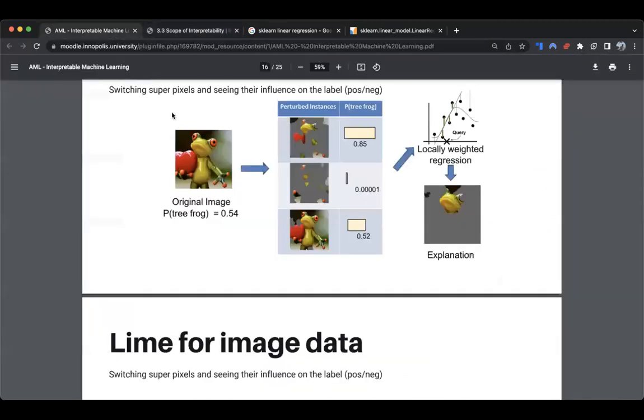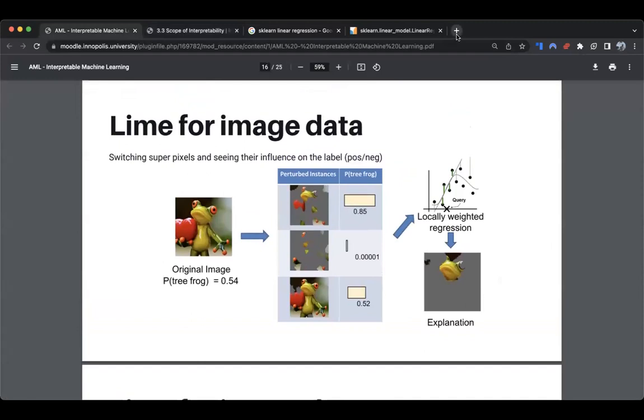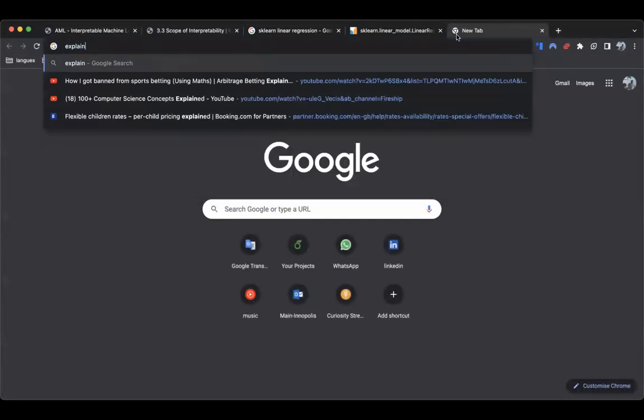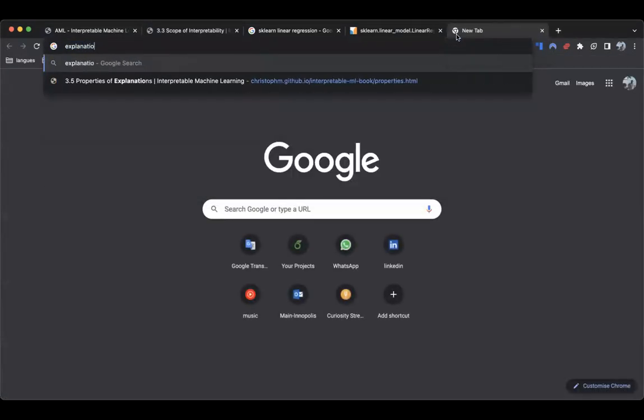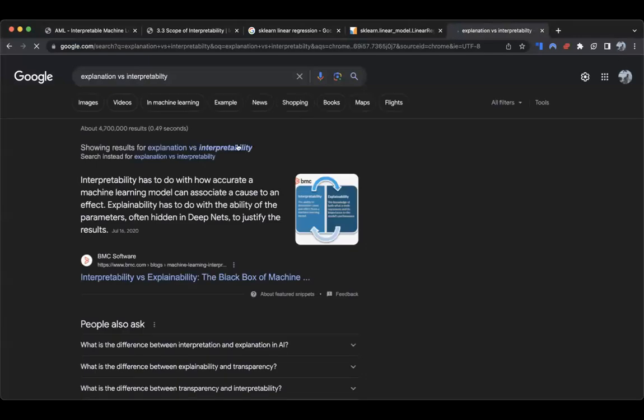Okay. I have a question about the scope of interpretability for a group of predictions. Is it a global interpretability or not?